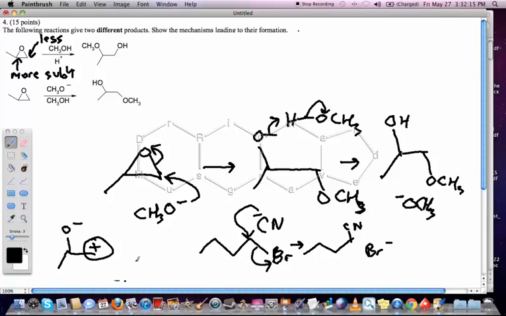So what I'm talking about would be this kind of thing, and that just doesn't happen. It has to be a simultaneous thing where the CH3O- comes in and this opens at exactly the same time. So we're not going to see anything like that occurring. So hopefully that explains to you why these go via different mechanisms, and hopefully I've explained to you the mechanisms in good enough detail.